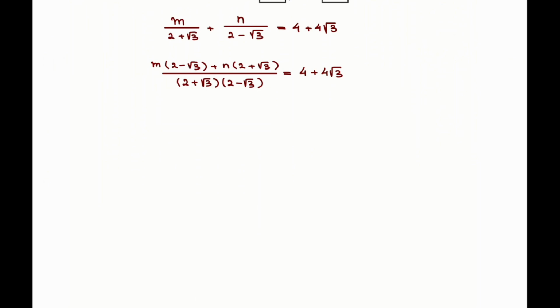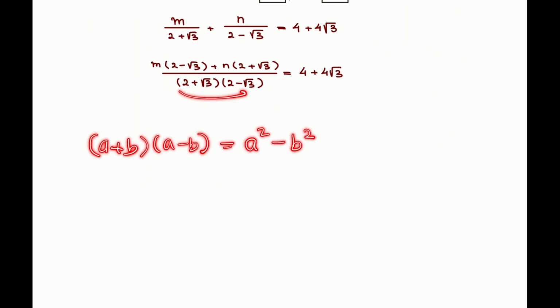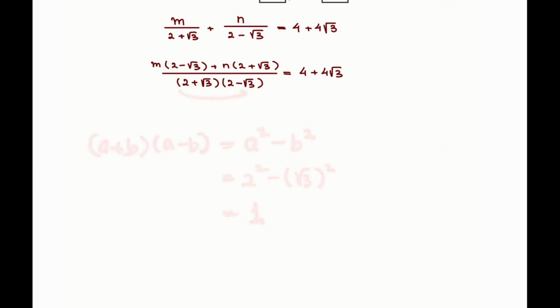If you see the denominator here, you will get (a plus b)(a minus b). So if you expand it, you will obtain a squared minus b squared, which is 2 squared minus square root of 3 squared, which is equal to 1. So if you simplify the denominator, you will obtain 1 here.